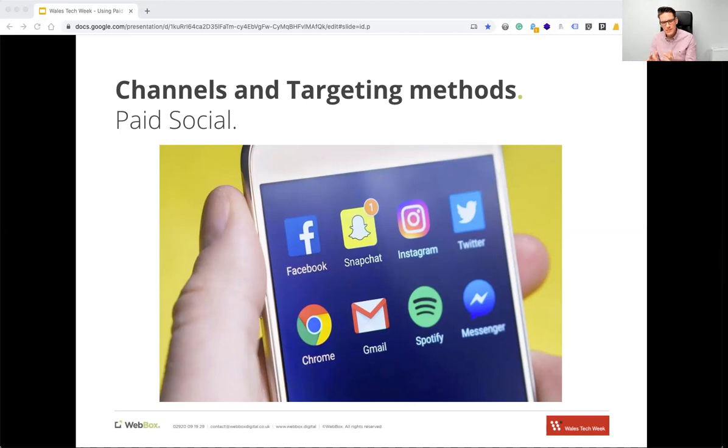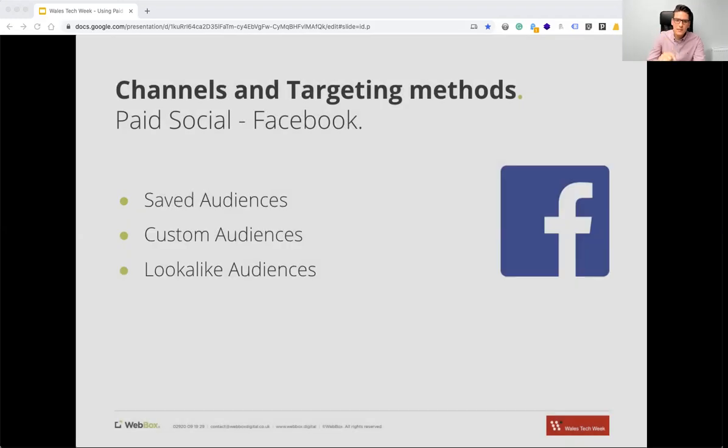So paid social, in summary, is a massive topic, so please excuse this summary edition. But hopefully it gives you a flavour of how these channels could be used within your own marketing strategy. I'm just going to deep dive a little into Facebook to give a little more information on targeting, but it's obviously going to be brief at this stage, and I appreciate we've got a wide group of people here from different organisations, so hopefully there's something in here for everyone.